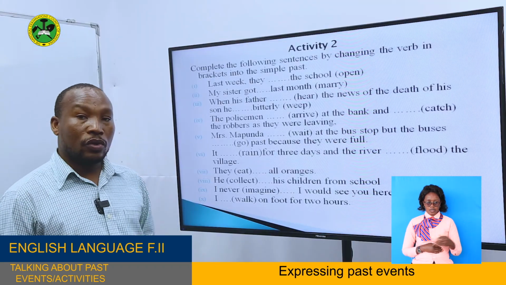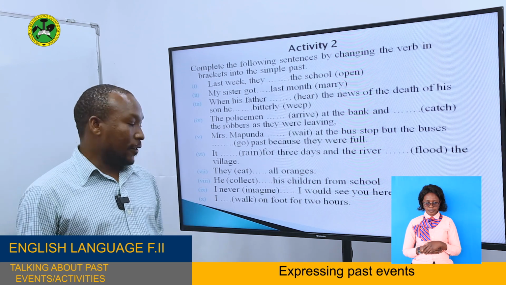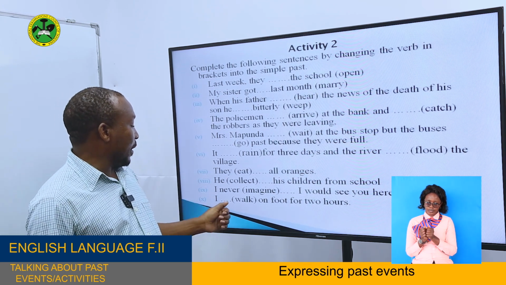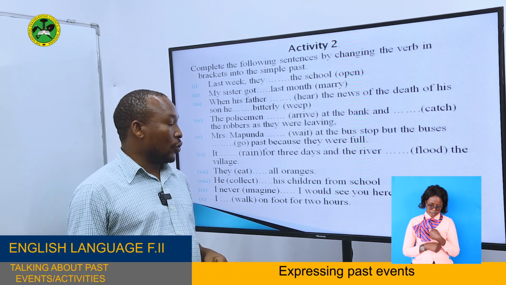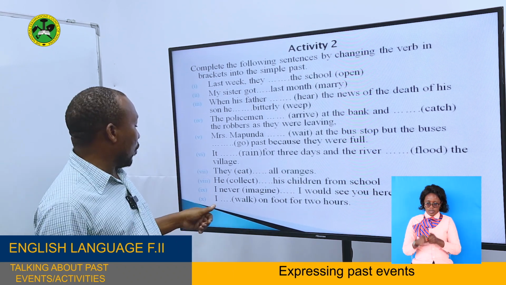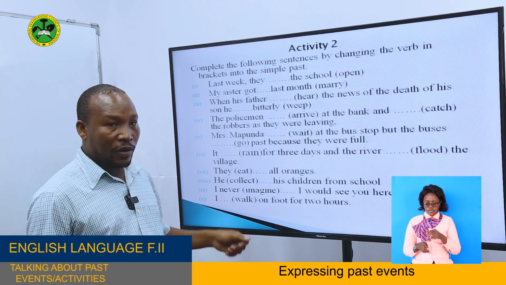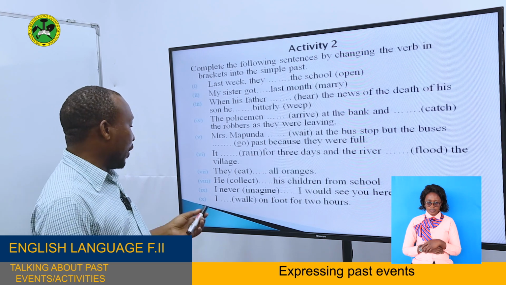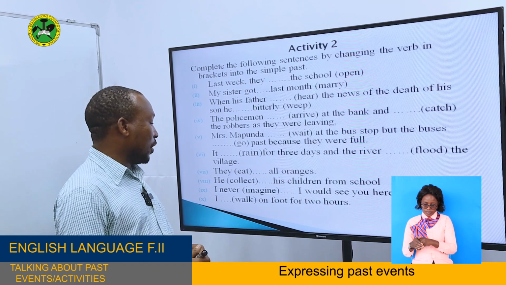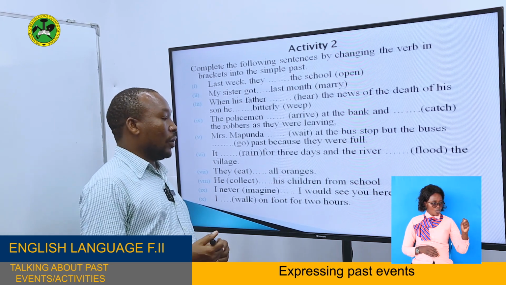Let's go to Roman 10. I (walk) on foot for 2 hours. Now, walk is regular. It takes the form of ed. Therefore, it will read, I walked on foot for 2 hours.